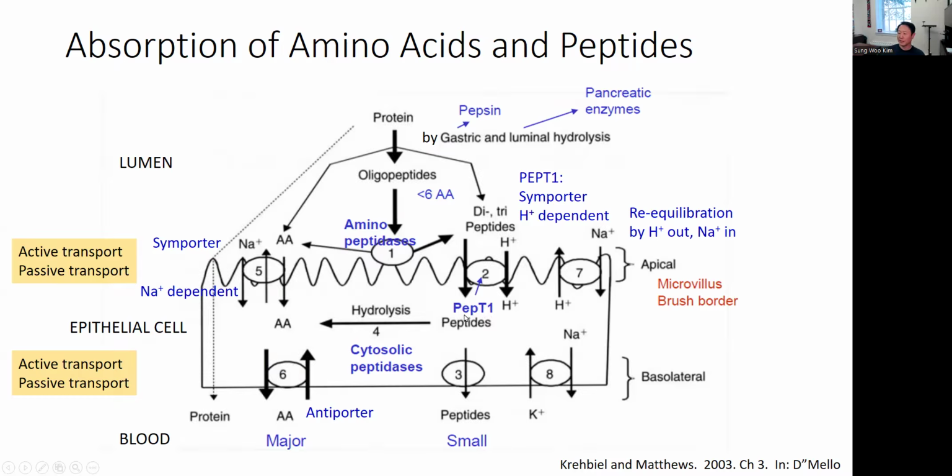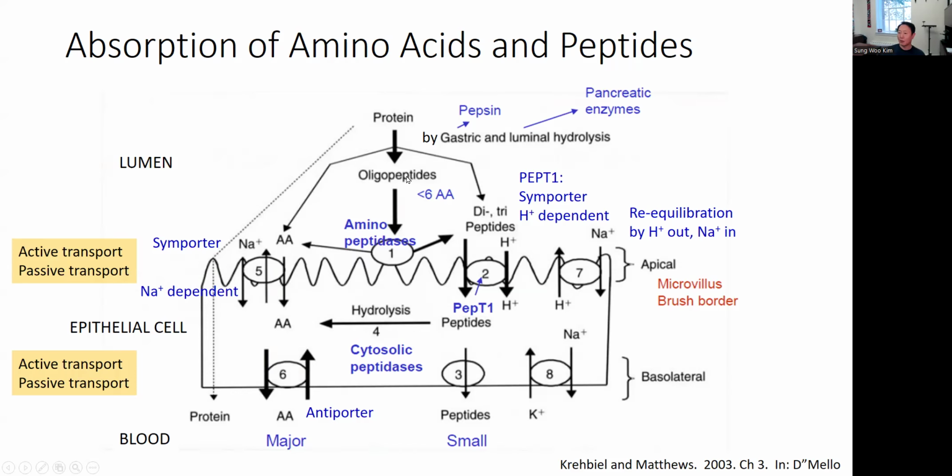Inside, most likely it will be further digested by dipeptidase into single amino acids and then moved into the blood circulation by the amino acid transporters at the basolateral membrane. But some of them can still be transported to the circulation through the peptide transporters as well.